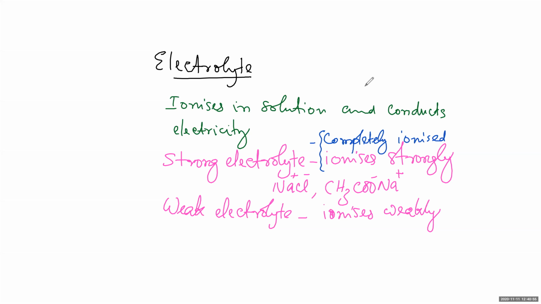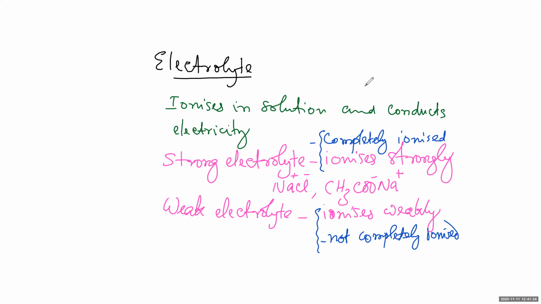But in the weak electrolytes, the ionization is not complete. Not completely ionized in solution. So ionization is very poor. So there will be only a small amount of ions. And these are called weak electrolytes.